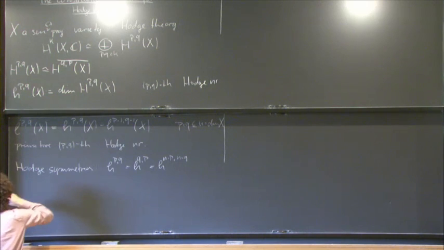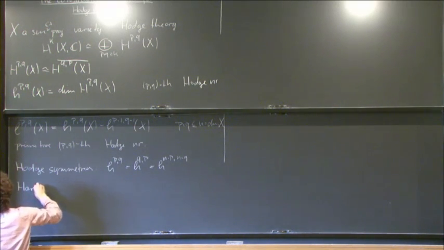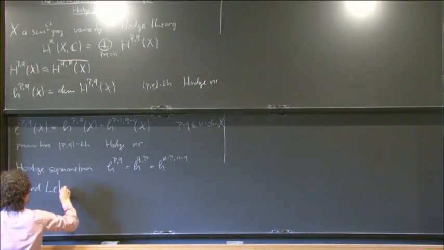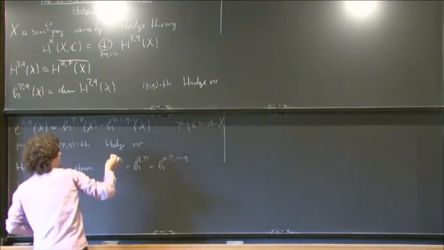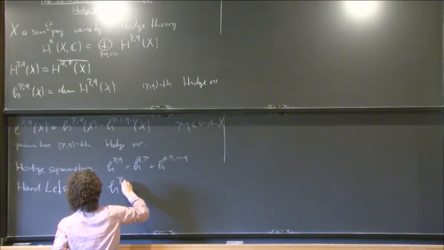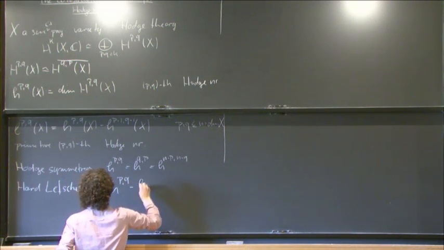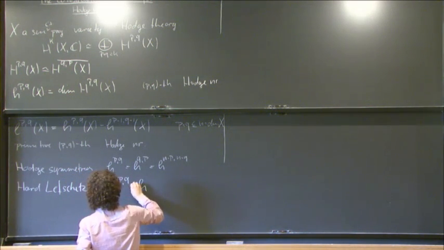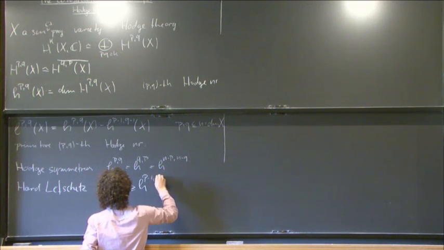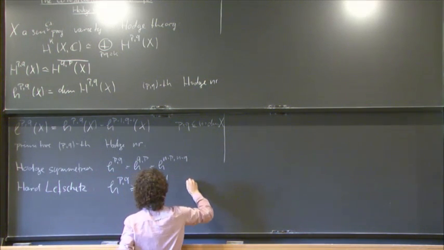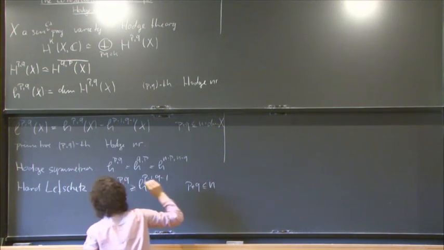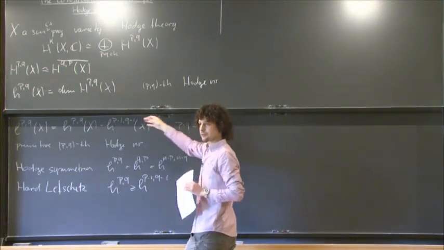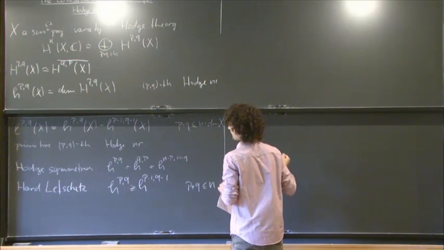And then the Hard Lefschetz theorem implies that there are certain inequalities among these numbers, namely h^{p,q} is bigger or equal h^{p-1,q-1}, where p plus q is less or equal to the dimension. So these primitive numbers are always natural numbers.